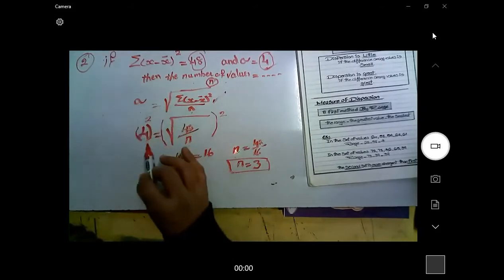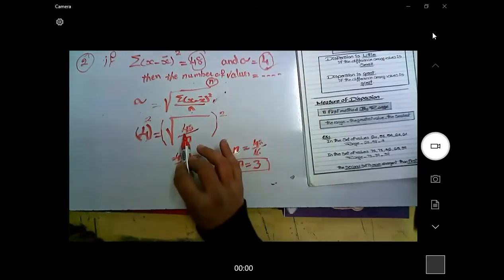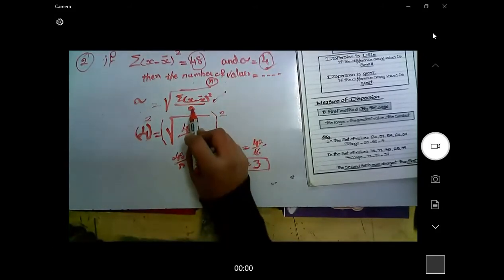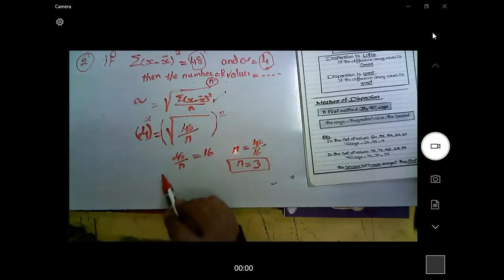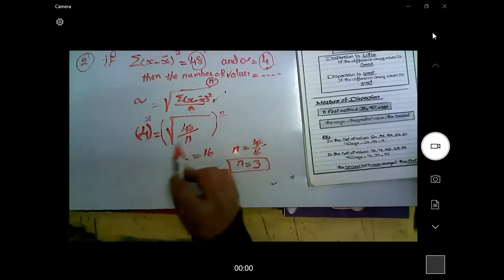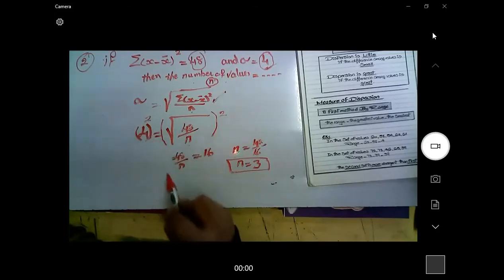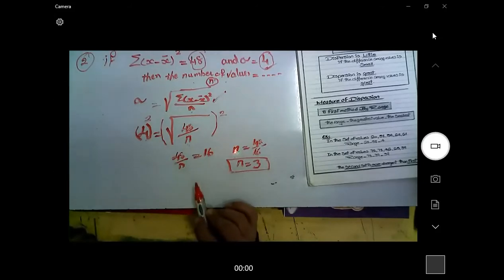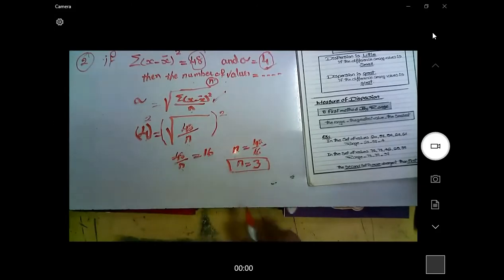By squaring both sides to remove the square root, 4 power 2 equals 16, then 48 over n equals 16. Now n equals 48 divided by 16, so the number of values equals 3.